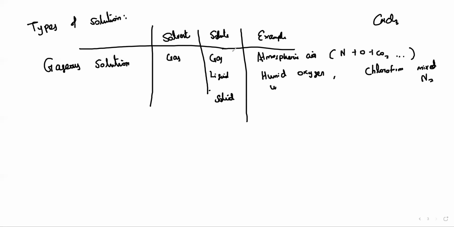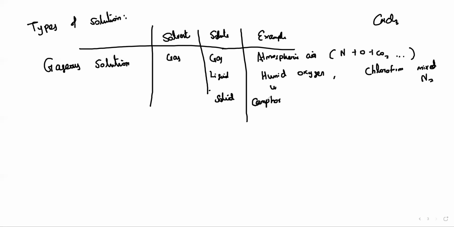Okay, and here when solid is mixed with gas, for example, we can take camphor. The special property of camphor is that if you heat it, it doesn't melt. It is directly converted into vapor. Am I correct?